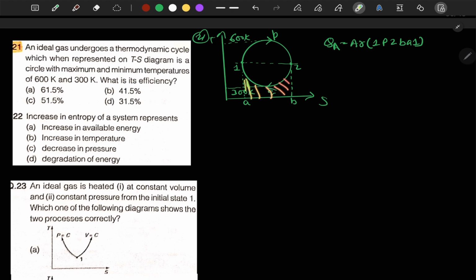So we can calculate QR is equal to area 1Q2BA1. How will we calculate these values? QA is equal to the area of our rectangle plus the area of a semicircle.